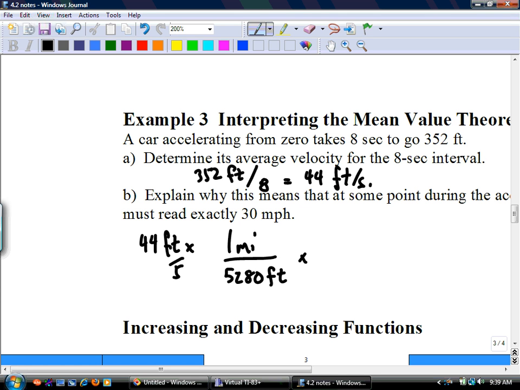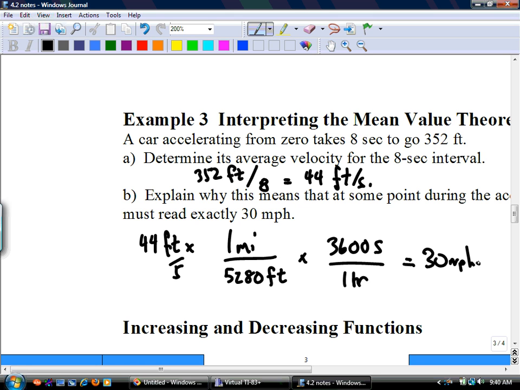So, how many seconds are in an hour? So, 44 times 3,600 divided by 5,280 equals 30 mph.